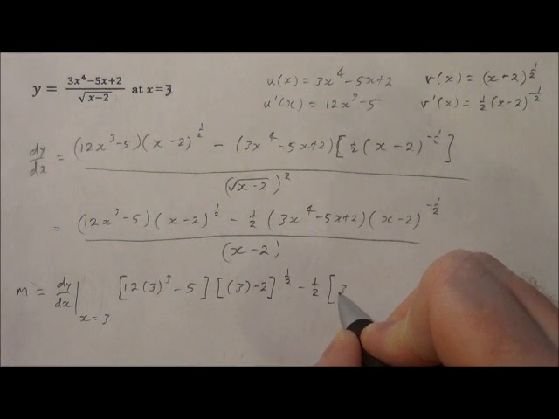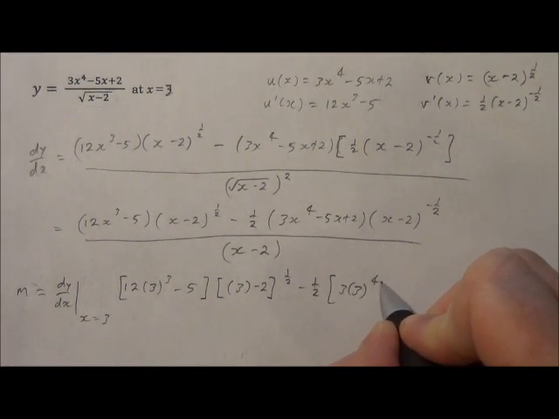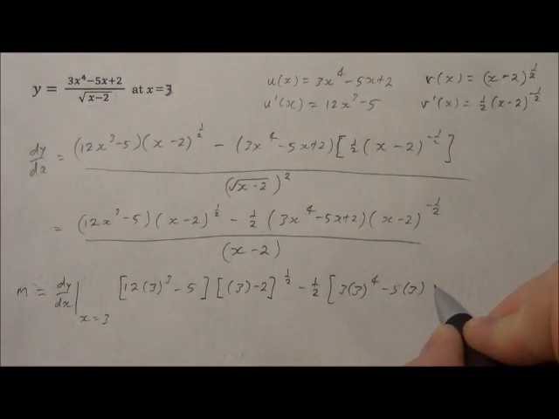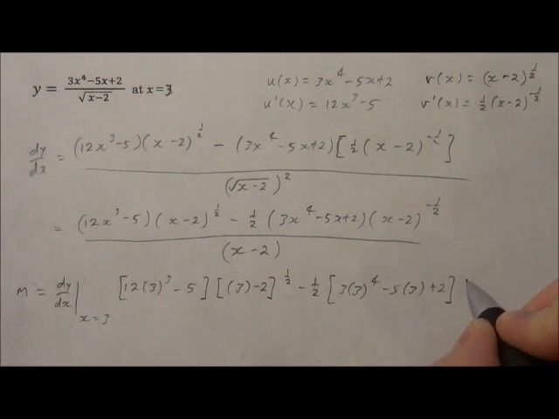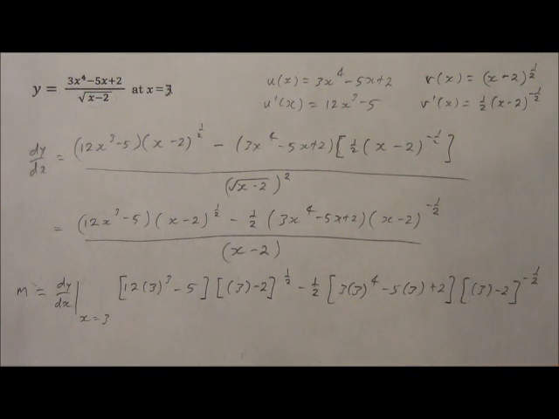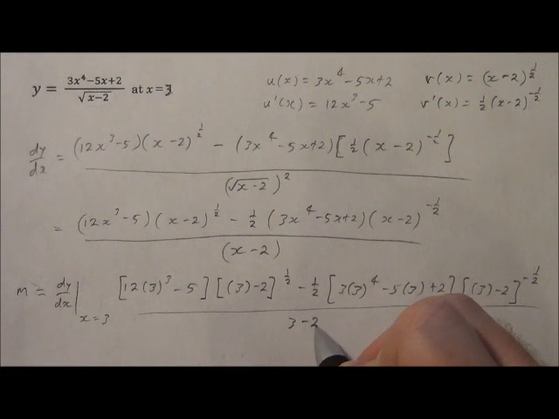So along here we'll just substitute in 3 everywhere we're seeing x. And put that over 3 minus 2.